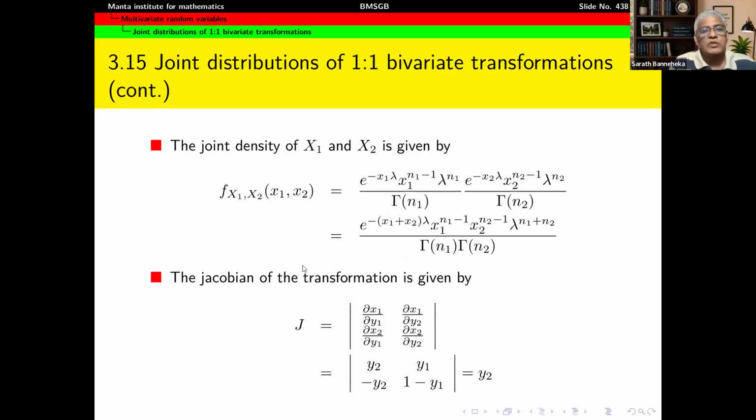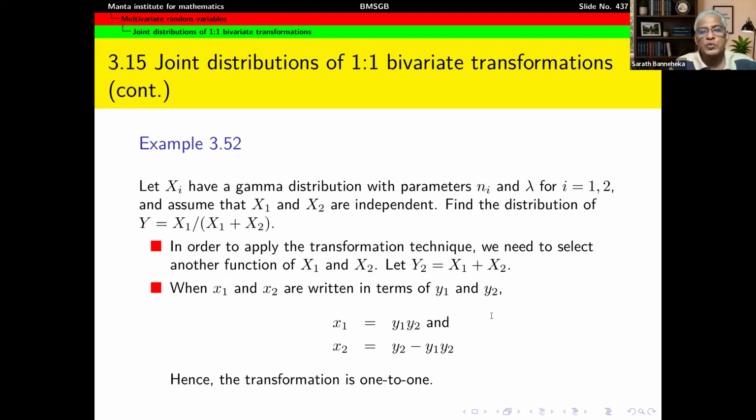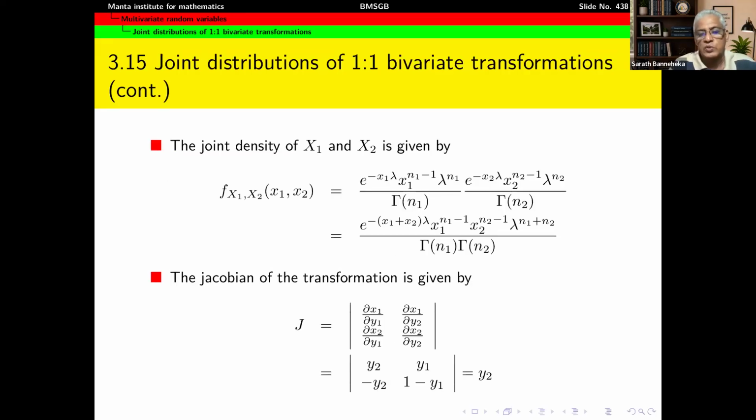The joint density function of x1, x2 is the product of individual densities. So that's a product of two gamma densities, and this is the expression. And the Jacobian we can find out similarly. I'm not going to spend too much time on that. We can show that the Jacobian is equal to y2 here, where y2, because these are all positive random variables, is also positive.